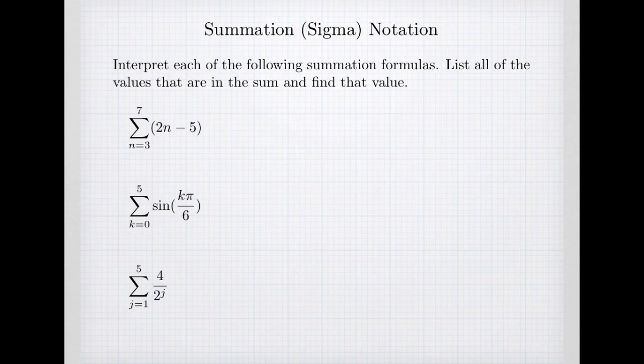Okay, for our first summation, we're going to use the formula 2n minus 5, and we're going to use our index n that counts from 3 to 7. So I get 2 times 3 minus 5 plus 2 times 4 minus 5 plus 2 times 5 minus 5 plus 2 times 6 minus 5 plus 2 times 7 minus 5.